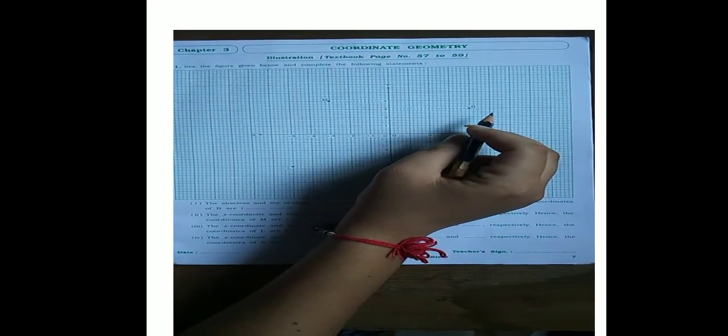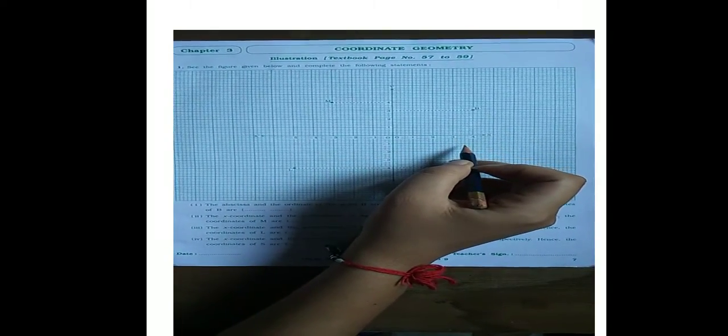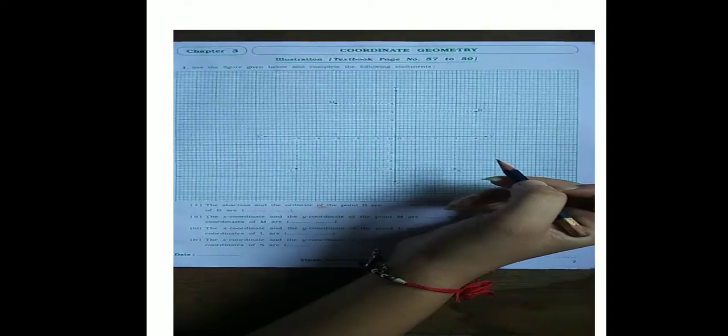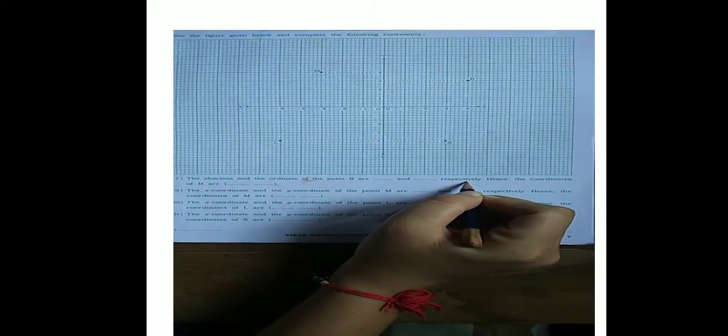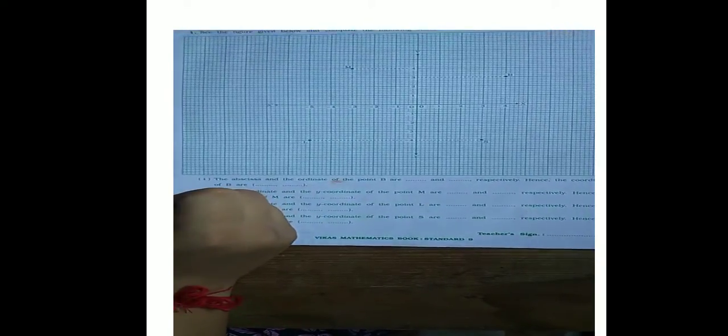Here you can see the figure given below, and we have to complete the following statements. By seeing the graph, we have to complete these sentences. First, the abscissa and the ordinate of the point B are dash and dash respectively. Hence, the coordinates of B are dash and dash.